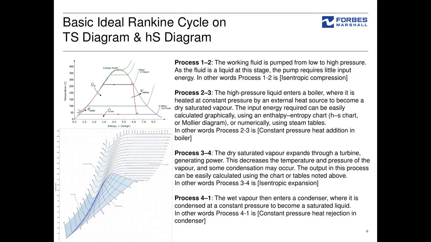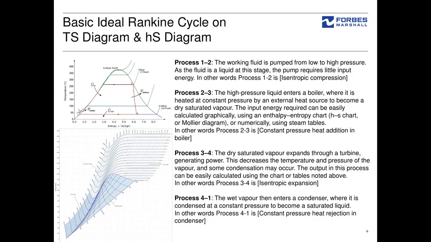Then from point 4 to point 1 is a constant pressure heat rejection in the condenser. It's a phase change from steam, or partial steam and partial water, to completely saturated liquid at point 1.